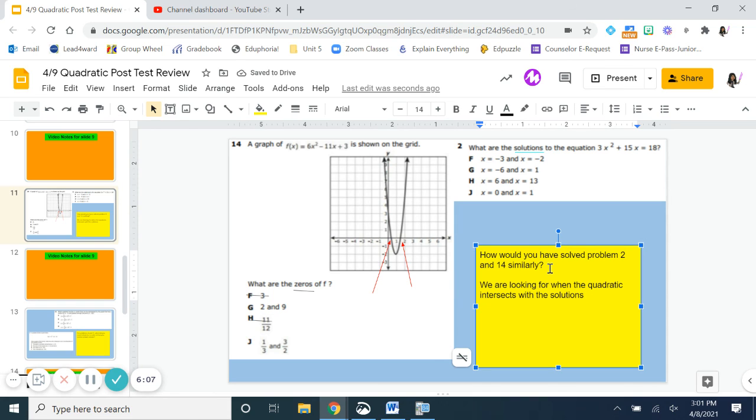In the first case, for number 14, they wanted the parabola to intersect when y is equal to 0. And number 2 wanted the parabola to intersect when y is equal to 18.